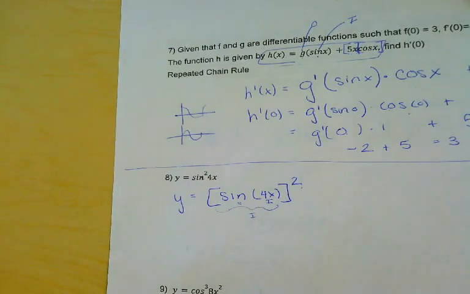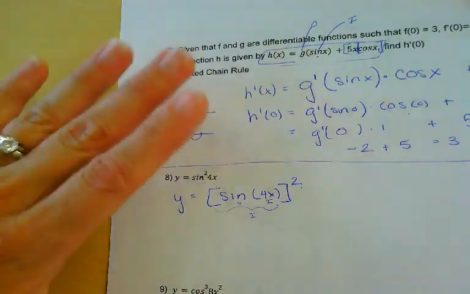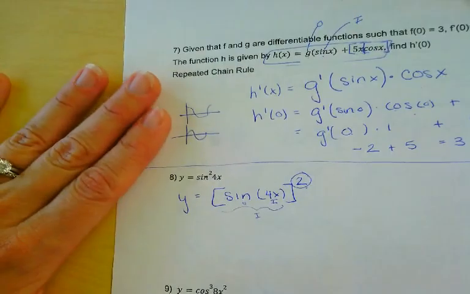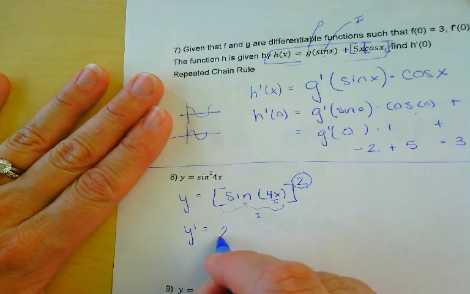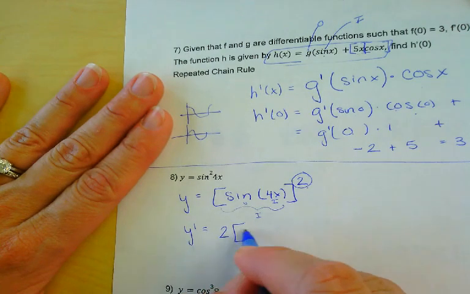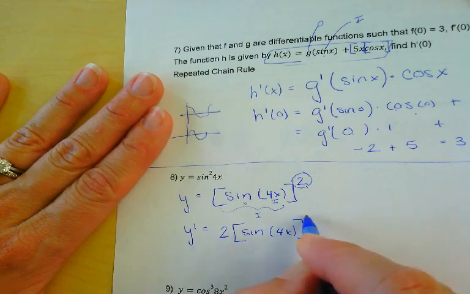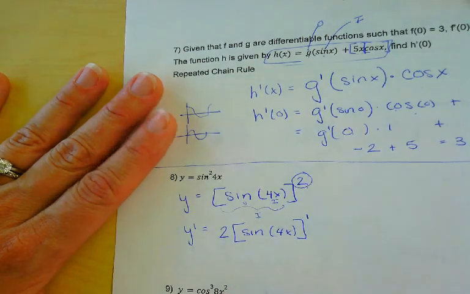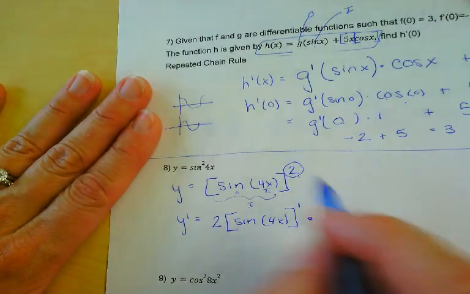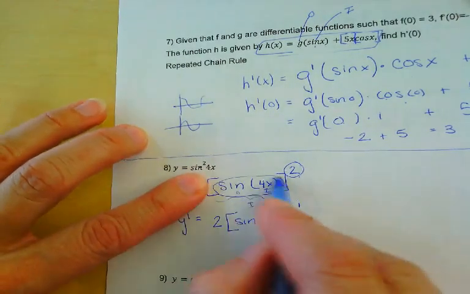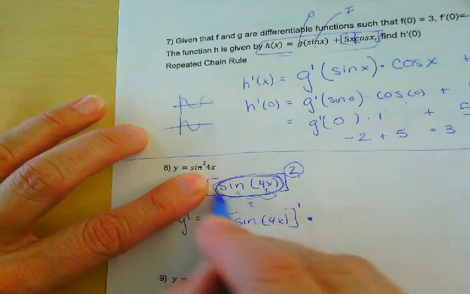So I'm just going to start with the outermost function, which would be this power of 2, and I'm going to take its derivative. So I'm going to bring down the 2, just keep saying to myself, keep the inside, the whole inside, don't touch it, raise to the first power, times, now I need the derivative of the inside, the derivative of the sine of 4x.